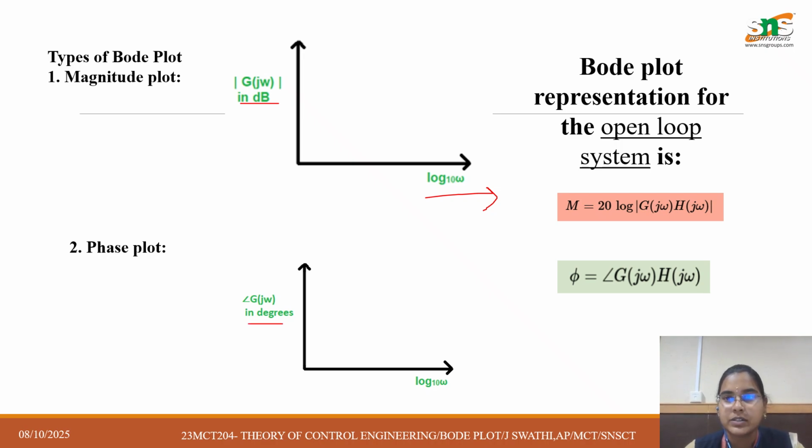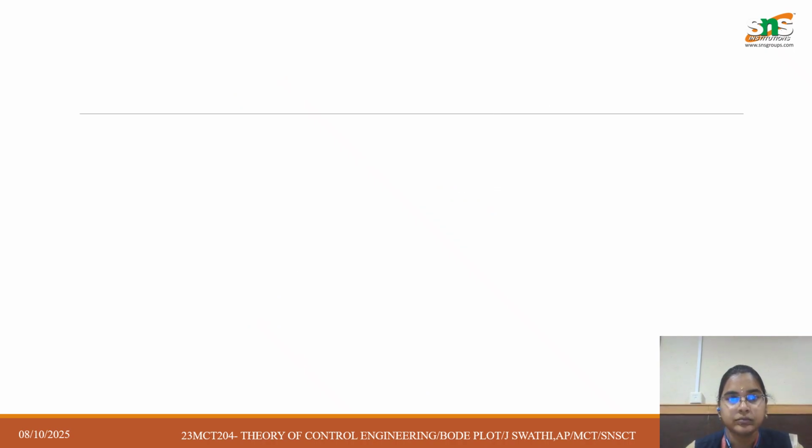The Bode plot representation for the magnitude will be 20 log of the magnitude of G(j omega) H(j omega) with respect to frequency, and for the phase it will be the angle of G(j omega) H(j omega).